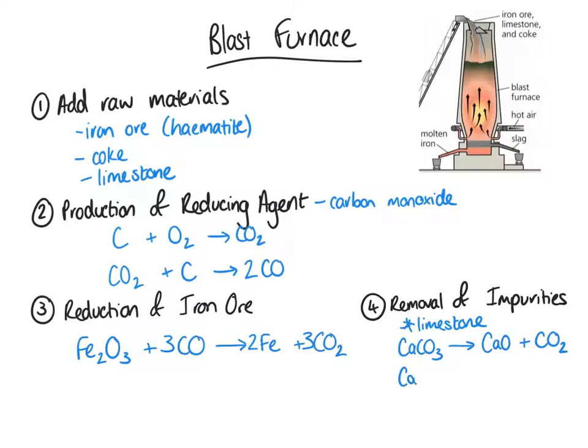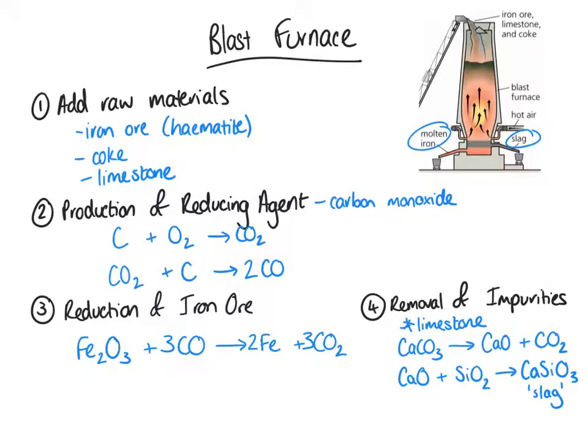That calcium oxide then goes on and reacts with our acidic impurities, mostly silicon dioxide, SiO2, to produce calcium silicate, which is just merging that formula together, CaSiO3 in total, and that is what we call slag. And the slag and the iron sink to the bottom where they're tapped off. Slag is the top layer, the molten iron is the bottom layer.